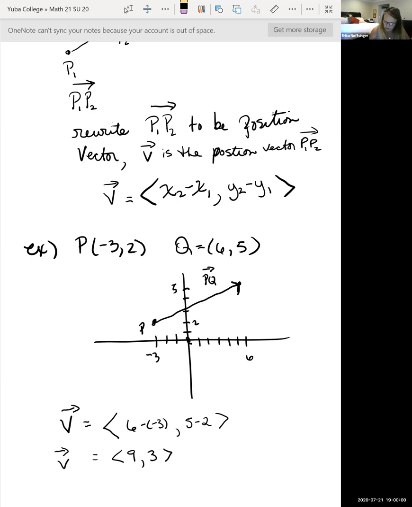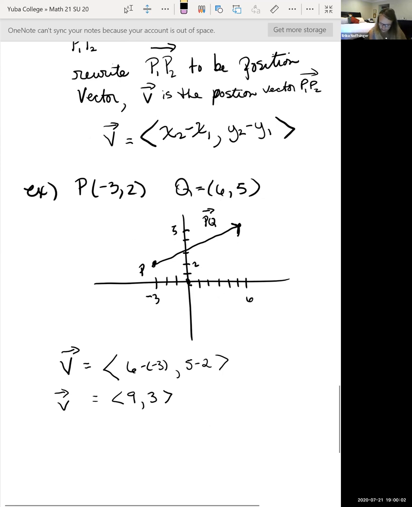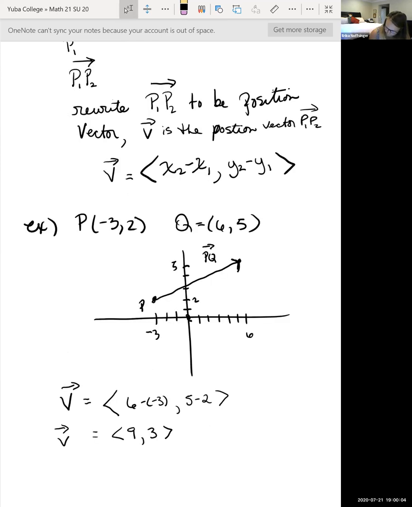So our position vector, if we regraph this, is at 9, 3. So it should be the same length, same direction.